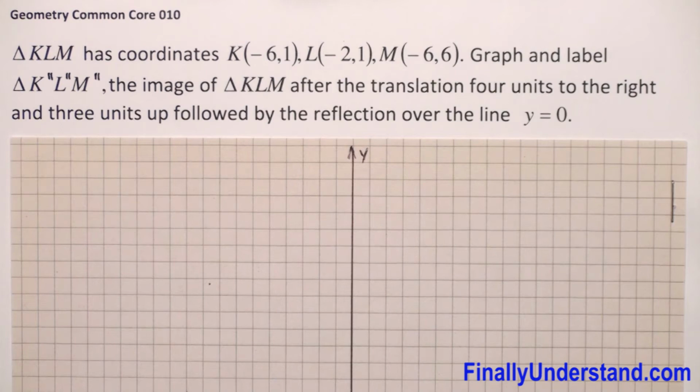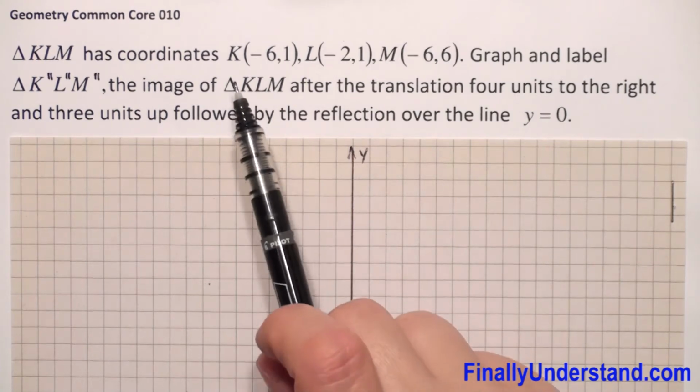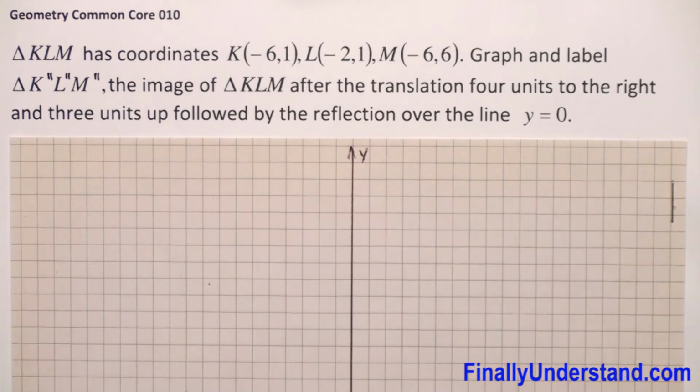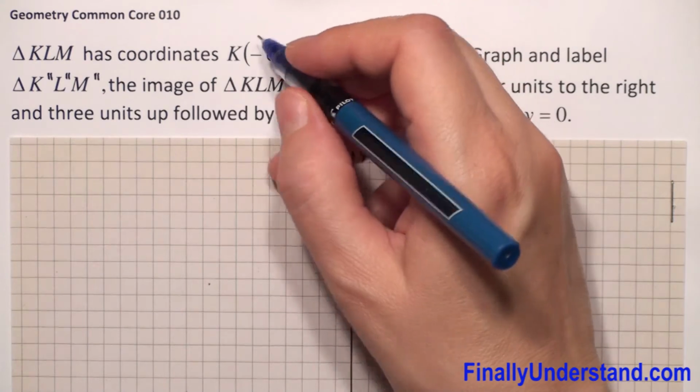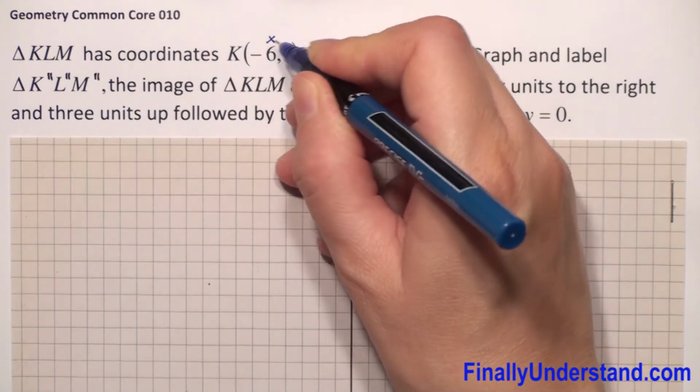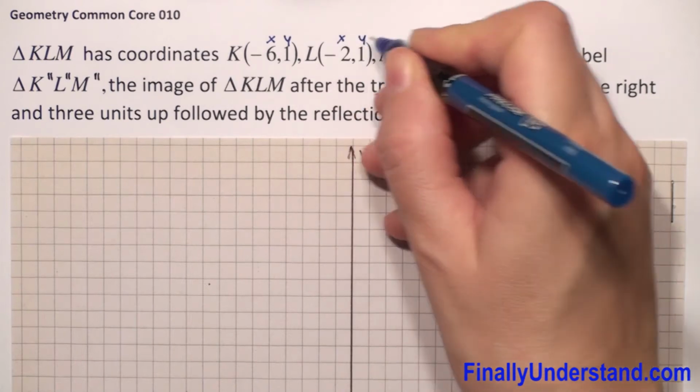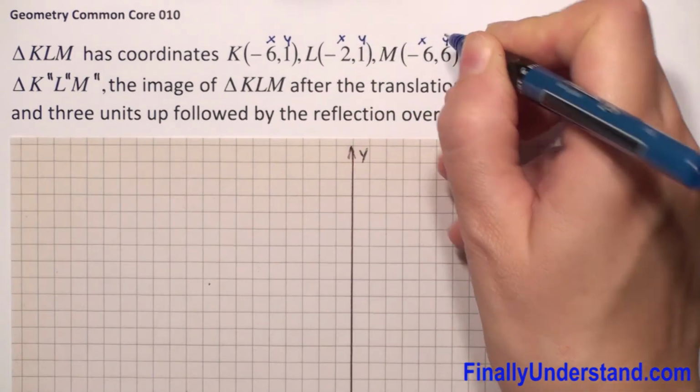So first we have to draw triangle KLM. Point K has coordinates (-6, 1). This is our x-axis. The first coordinate is on the x-axis, the second on the y: x, y.